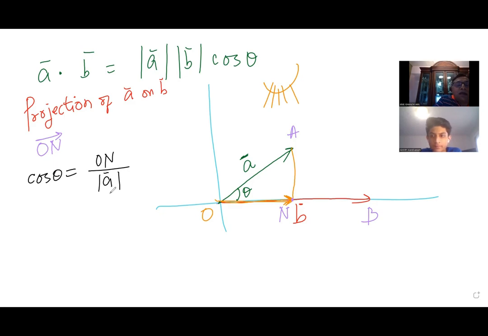ON over A. And therefore, we can say that the magnitude of ON, which I'm showing as a vector, is, magnitude is a scalar, you know that, magnitude of A times cos of theta. ON magnitude is A cos theta.